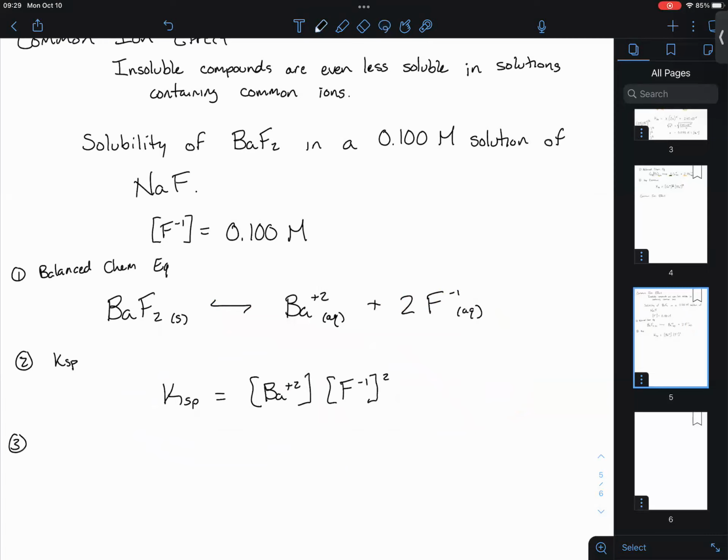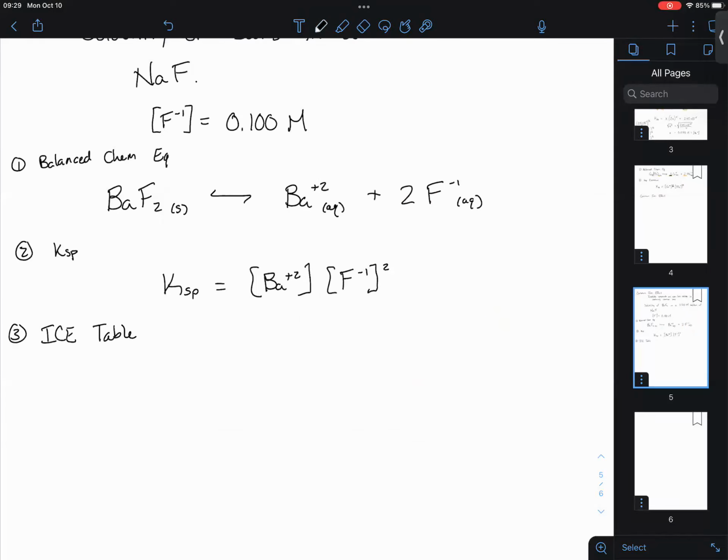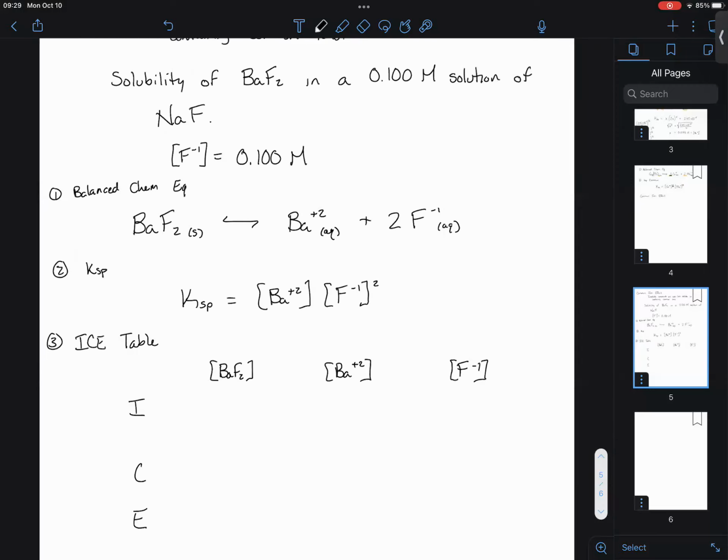We're going to build an ICE table. Again, I don't really have to keep track of it, but I think it helps to see it up there. Let me state the problem: the solubility of 0.1 moles of barium fluoride in a 0.1 molar solution.